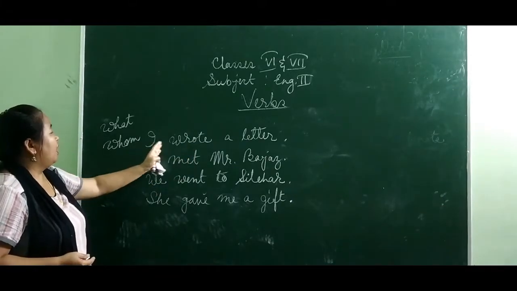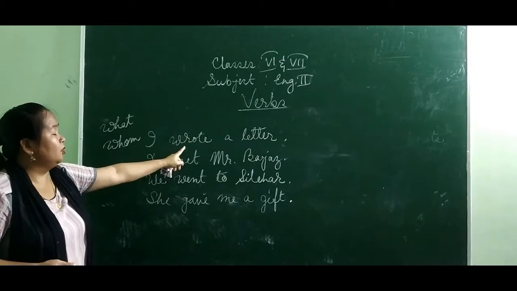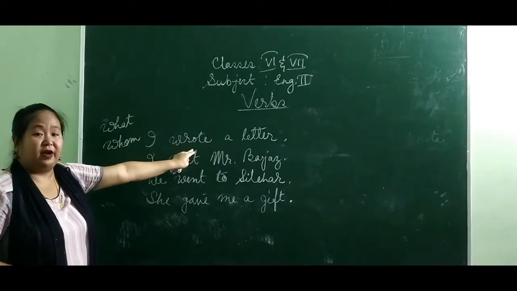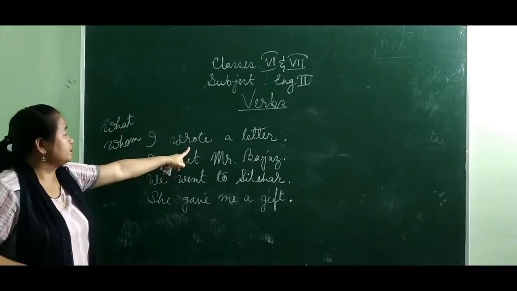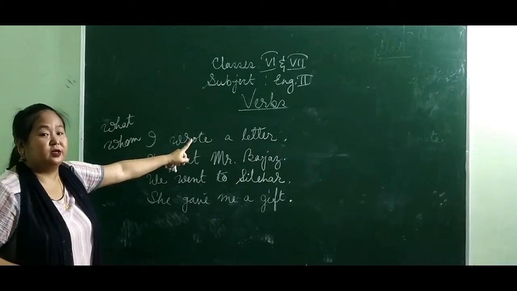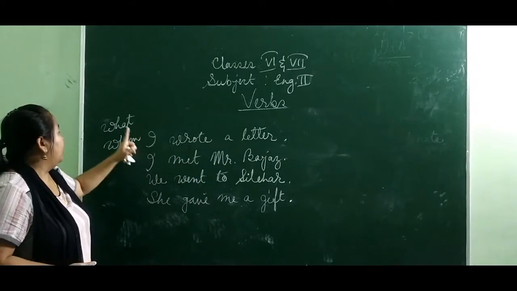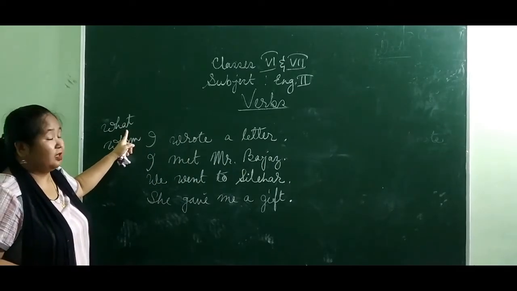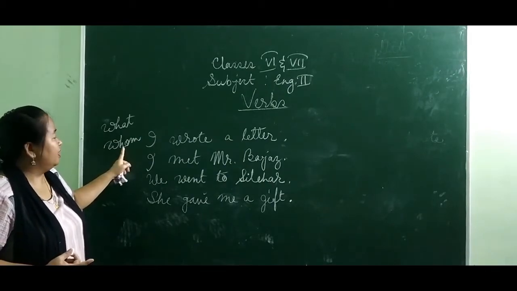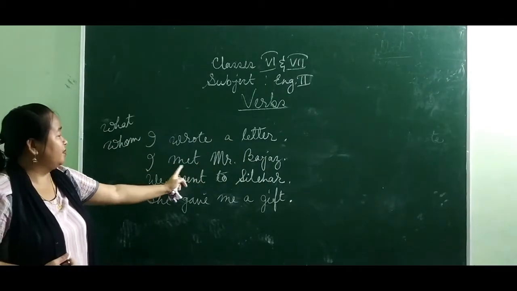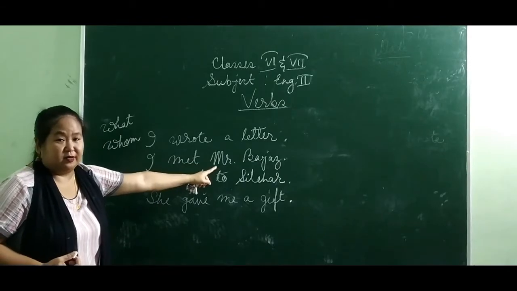Now, I wrote a letter. I wrote what? A letter. You find an answer, right? Then this verb is a transitive verb. This verb takes an object, so this is a transitive verb. We ask what for things, and whom for persons. So, I met Mr. Bazaz. We cannot ask what here because this is a person.